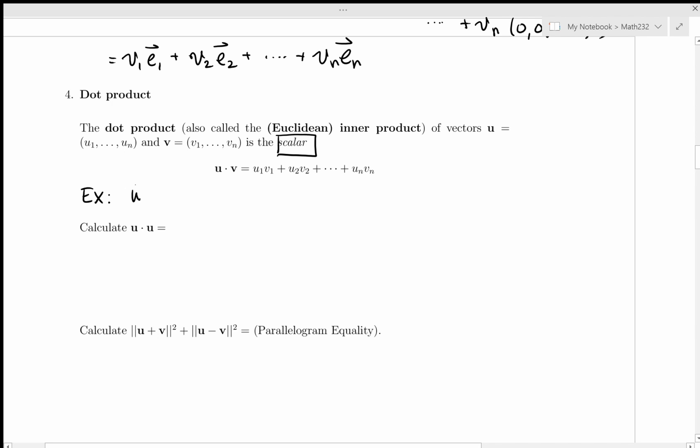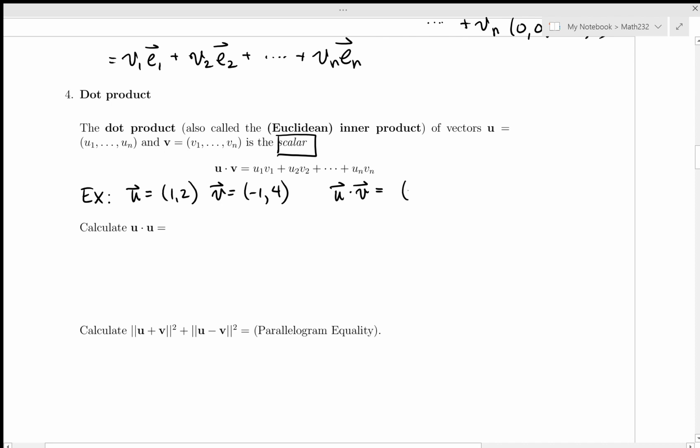If I have a vector u that looks like this, 1, 2, and I have a vector v that looks like this, -1, 4, and I decide to take the dot product of u times v, I will compute it this way.